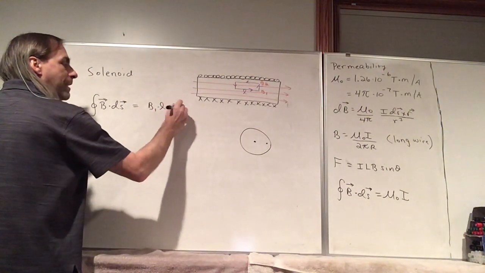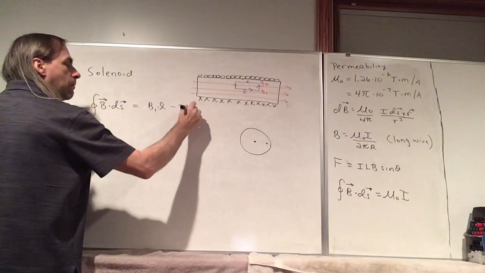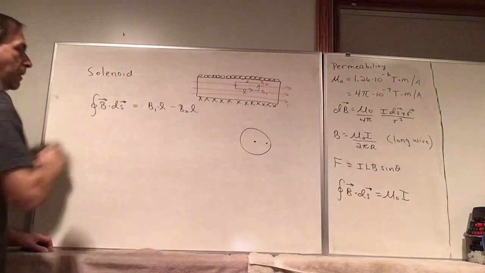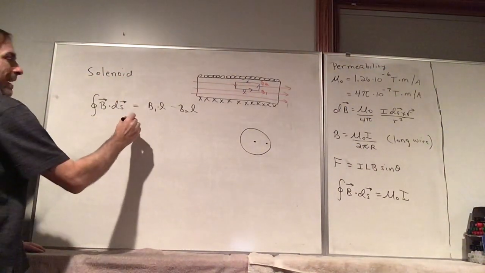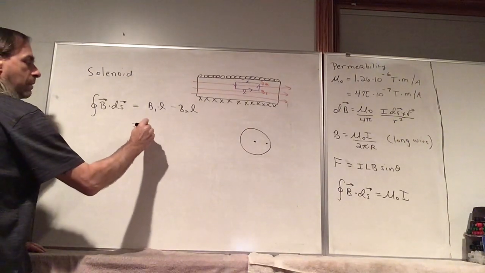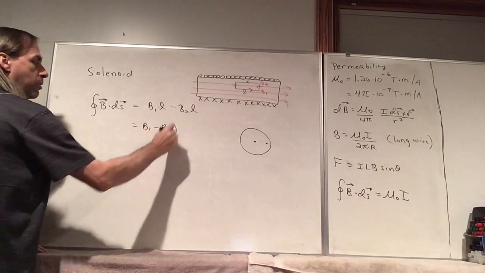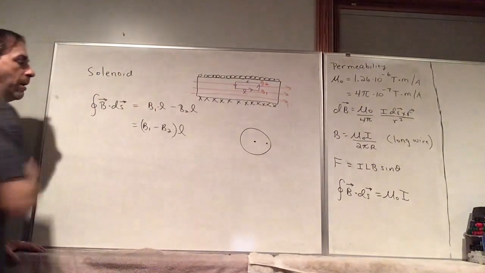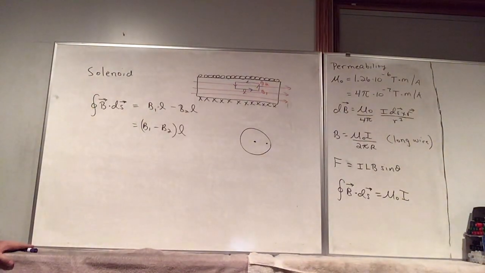So we have minus B2 times L. We can factor the L out and have B1 minus B2 times L. So that's the integral going all the way around that purple path.